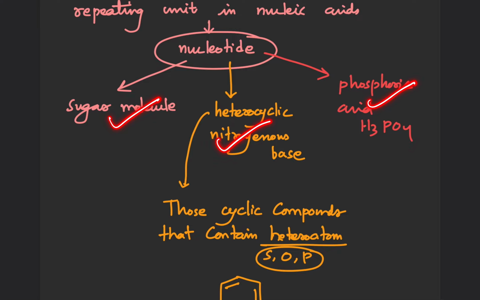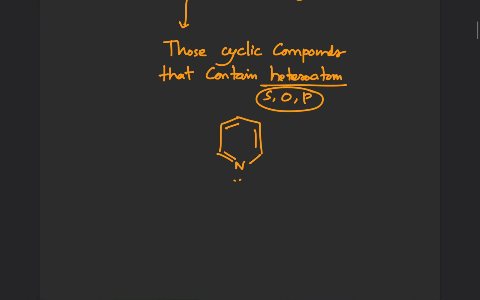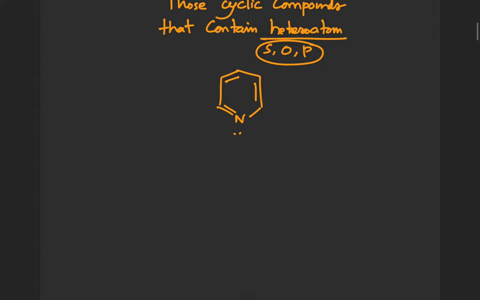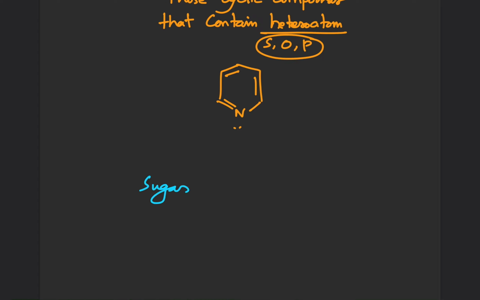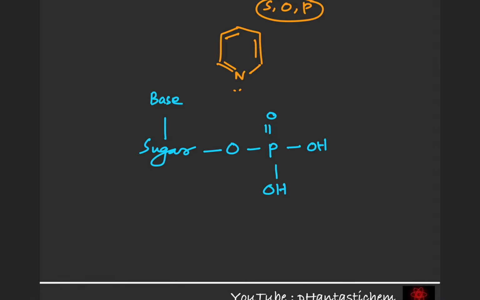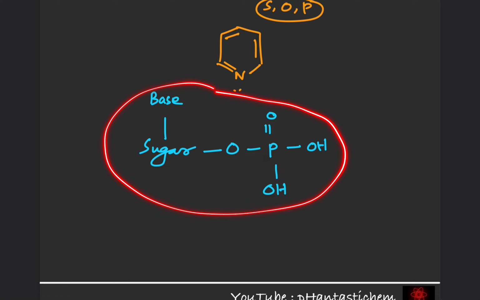In general we can represent a nucleotide like this. We will have sugar, which will be connected to a base, and that sugar is also connected to a molecule of phosphoric acid. So in general, this is a nucleotide. Since a nucleic acid is a polynucleotide, there will be many such repeating nucleotides.